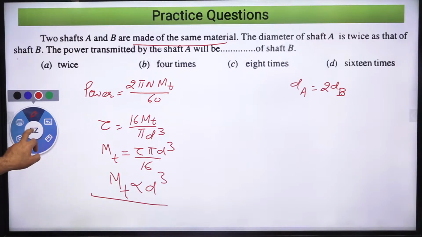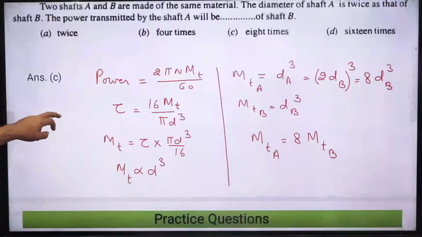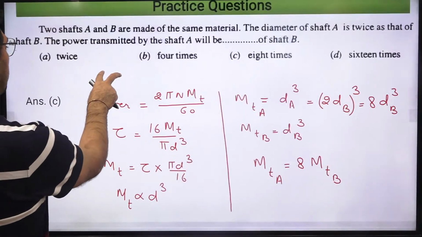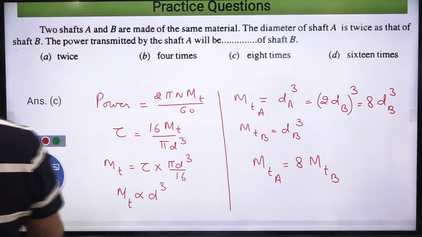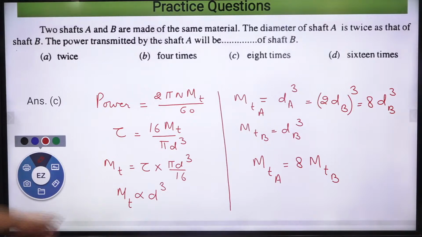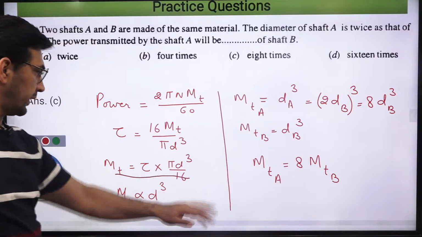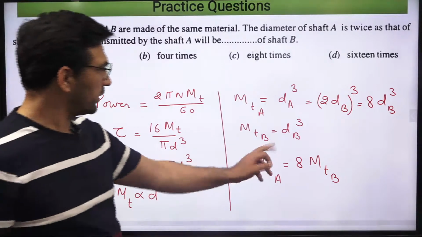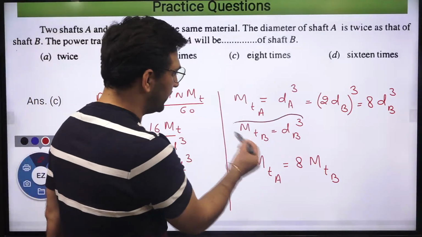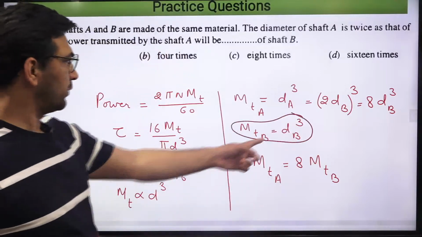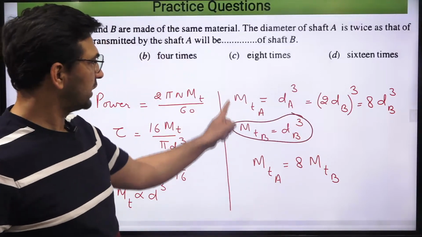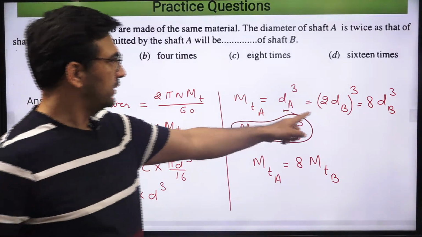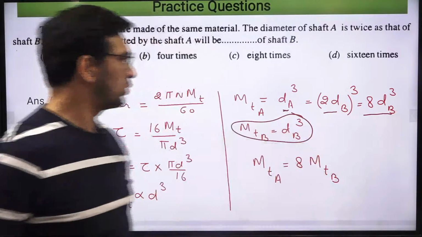The same thing I have displayed over here. Just have a look. So torque depends upon diameter. When I talk about shaft B, torque is directly proportional to dB cube, whereas for shaft A, the diameter is twice that of B. So I'm writing it over here, that means it is going to be 8 times.